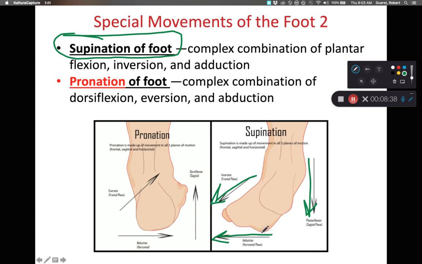So in other words, you are going to have most of your pressure applied right here. And then to pronate your foot, you dorsiflex, you evert, and you abduct your foot, so that you have this as the lowest point on your foot.